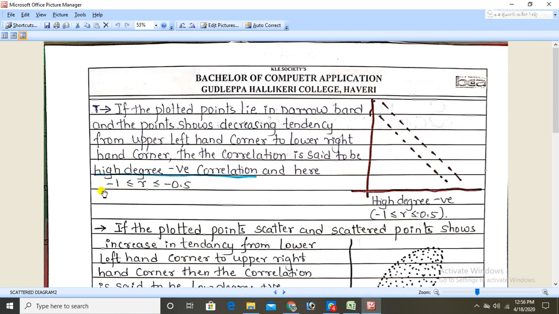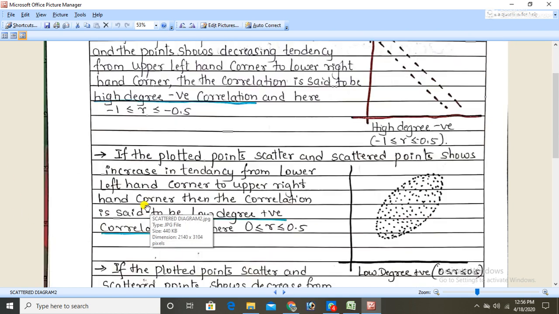And here -1 is less than or equal to r, and r is less than or equal to -0.5.